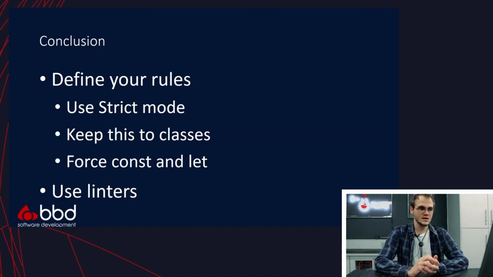Do you want to force const and let? Are you going to use the rules where it highlights this when it is invalid? Once you have these rules set up, create your workspace, set them down, get them implemented. Then you use linters and the various configurable properties with them to enforce those rules.